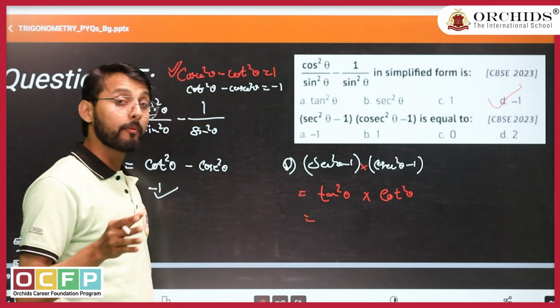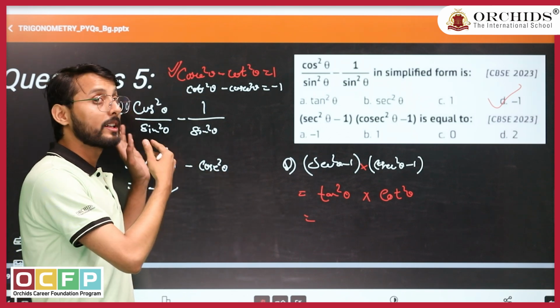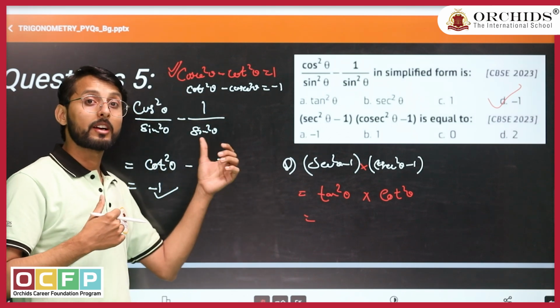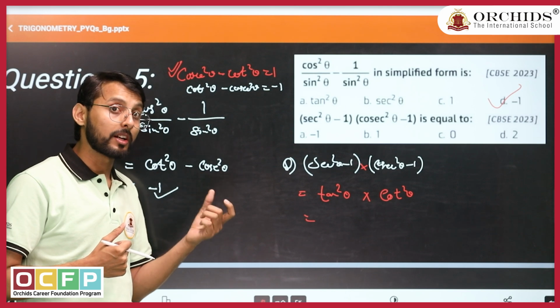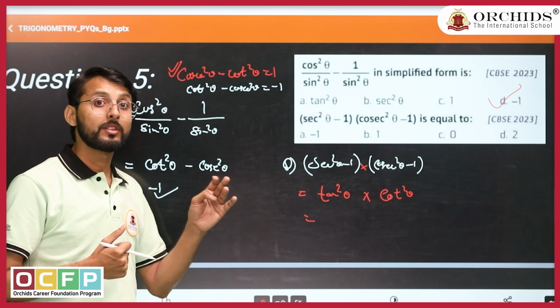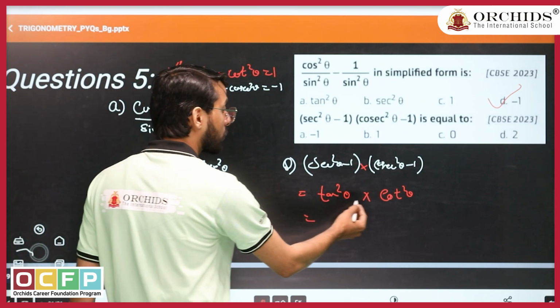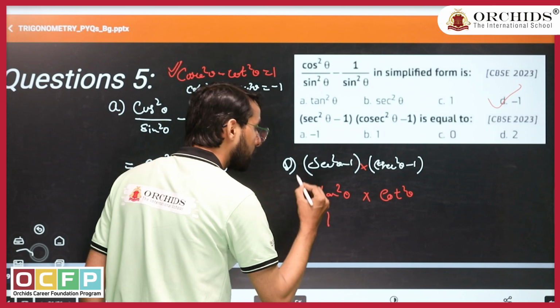Guys, if you remember, at the starting of this series I said to look at that page where I have written the reciprocal multiplications: secant into cos, cosecant into sin, tan into cot. So tan into cot results in 1. So tan square theta into cot square theta is nothing but 1.